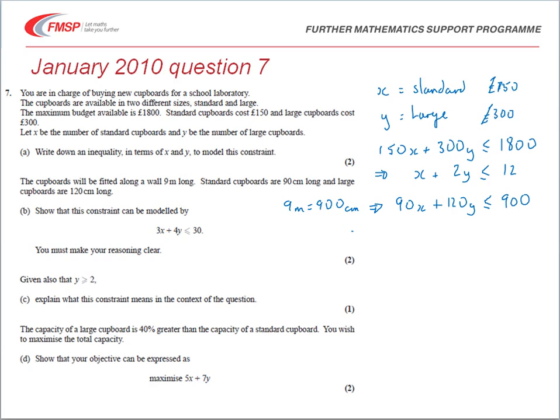Well, we divide by 30 throughout, so 3x plus 4y is less than or equal to 30, which is the constraint that we've been asked to find in the question.